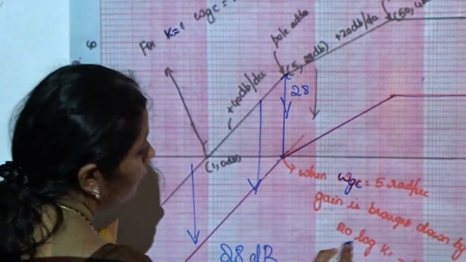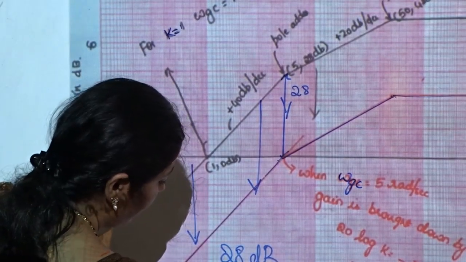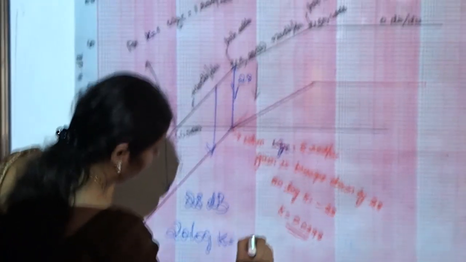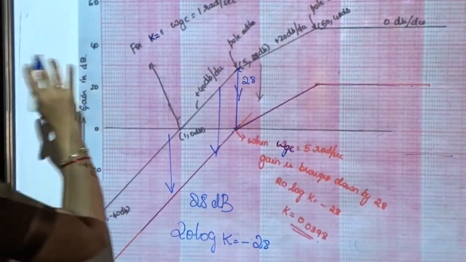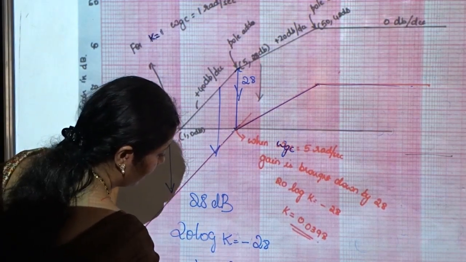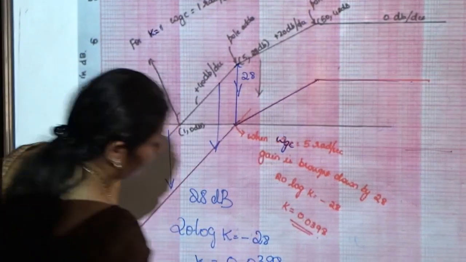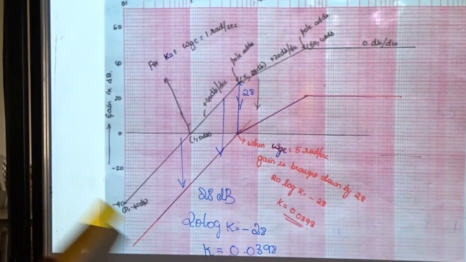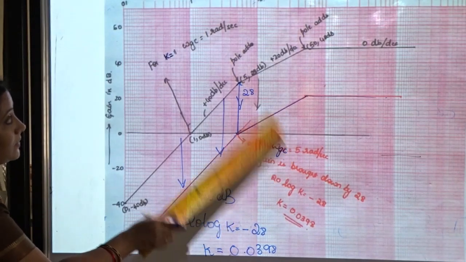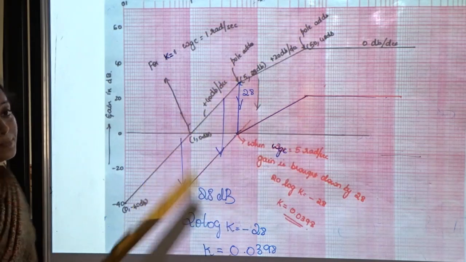So 20 log k equals minus 28, since it is coming down. If it were going up, it would be plus. So the k value is 0.0398. This is the value of k to get a gain crossover frequency omega gc of 5 radians per second.